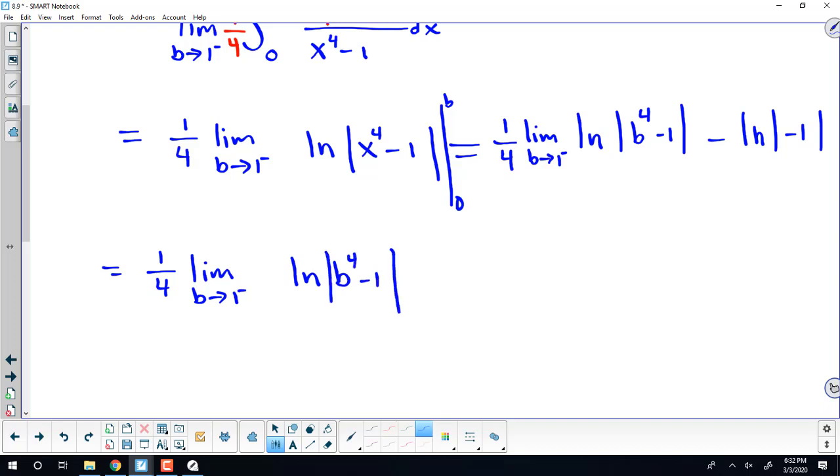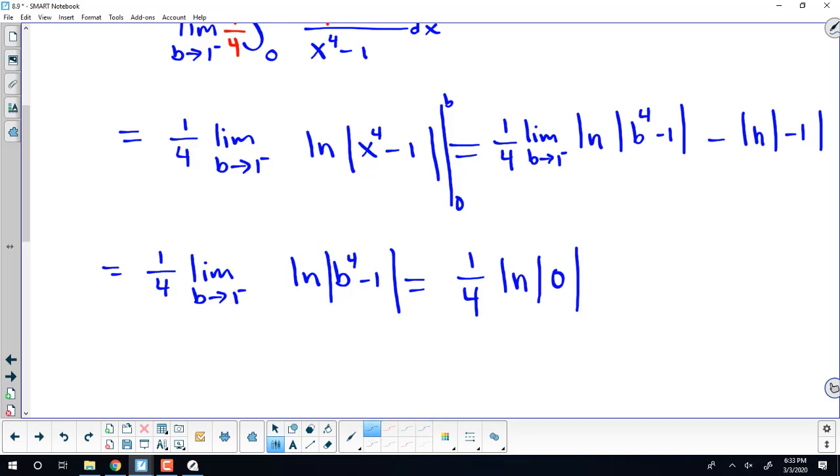That other part's 0. Symbolically, this turns into the natural log of 0. But this is in the context of a limit. It's not that we're saying evaluate the natural log of 0, right?